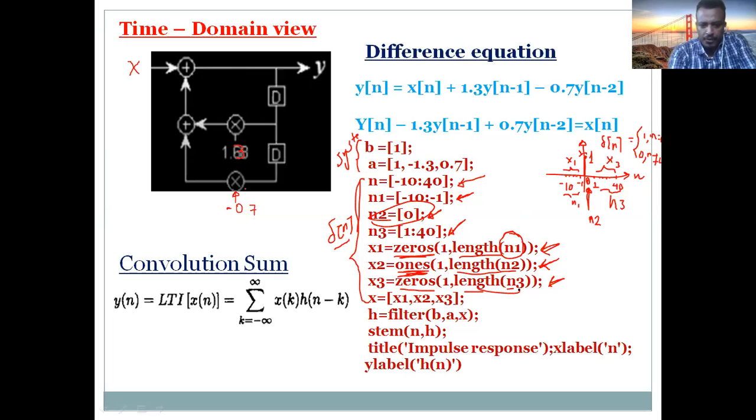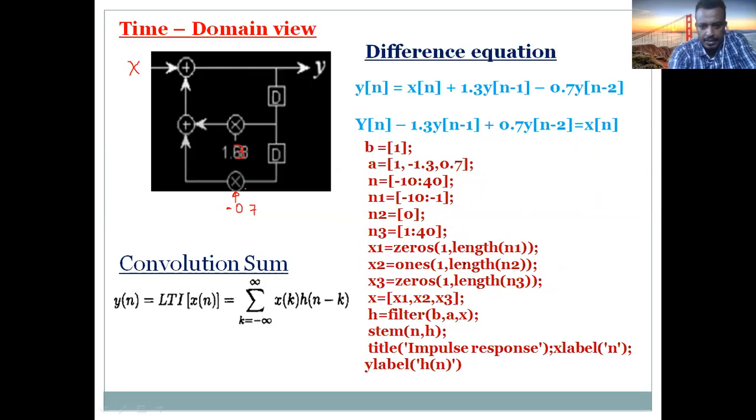Now combine x1, x2, x3 into one x. We call this process concatenation. X is x1, x2, x3. So x is our impulse sequence. We generate the unit impulse.